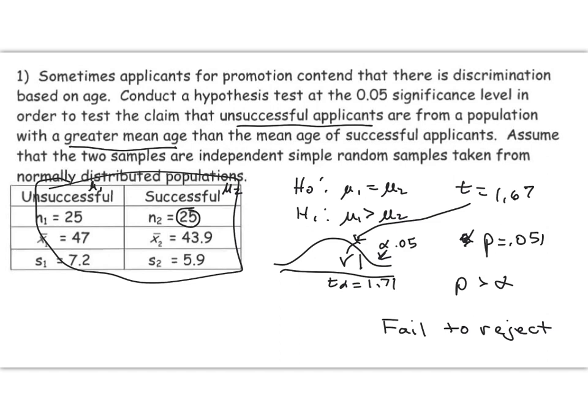It looks like the average age of unsuccessful applicants for a job or promotion is not higher. Both of these, the test statistic and the p-value, indicate that.